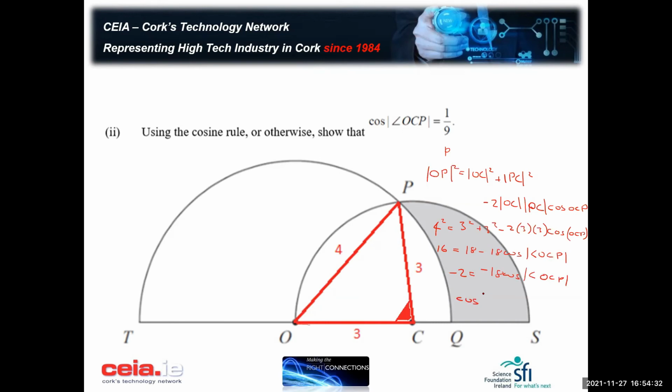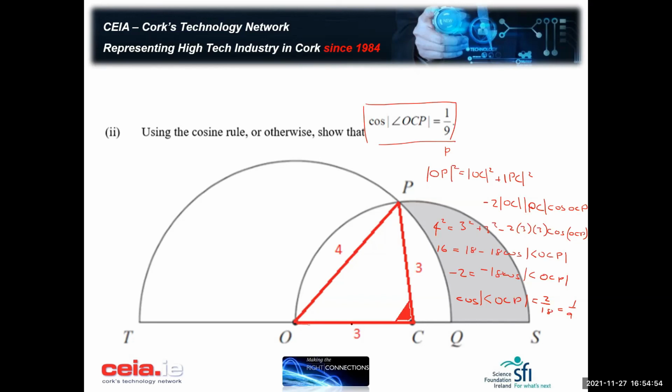Therefore the cosine of the measure of angle OCP equals 2 over 18, and that's 1/9. So that explains why the cosine of OCP equals 1/9. It's an application of the cosine rule.